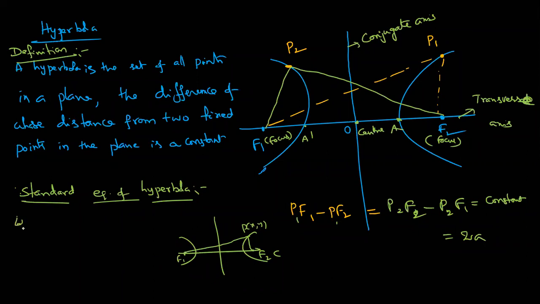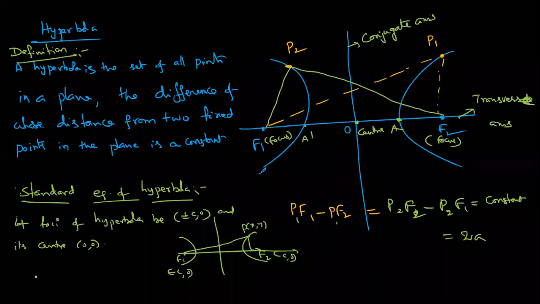Let's suppose the foci of the hyperbola be plus or minus c comma 0, and its center is what? 0 comma 0.